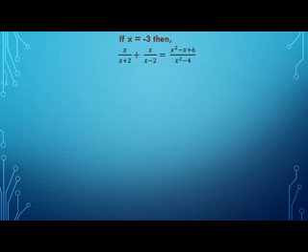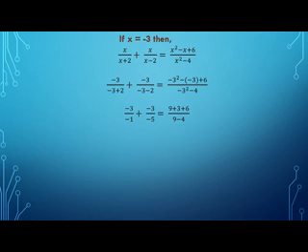It will become negative 3 over negative 3 plus 2, plus negative 3 over negative 3 minus 2, is equal to negative 3 squared minus negative 3 plus 6 over negative 3 squared minus 4. So simplify, it will become negative 3 over negative 1 plus negative 3 over negative 5 equal to 9 plus 3 plus 6 over 9 minus 4.